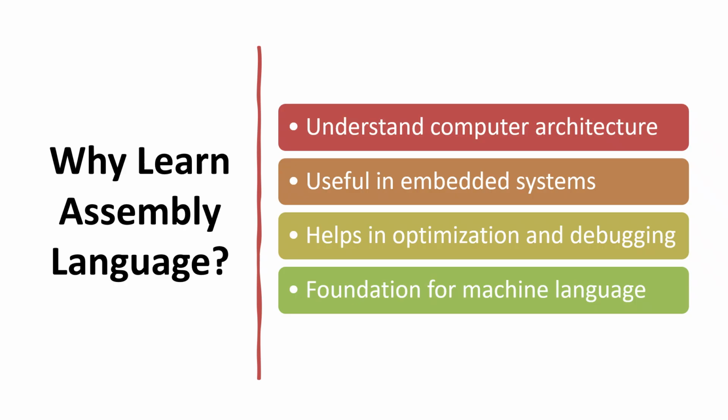Assembly also helps in optimization and debugging, as you gain deeper insight into how instructions are executed at the processor level. Finally, it provides a strong foundation for understanding machine language, making you a more effective programmer and systems engineer.